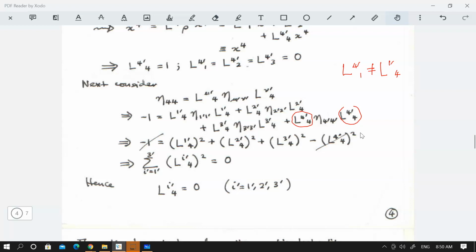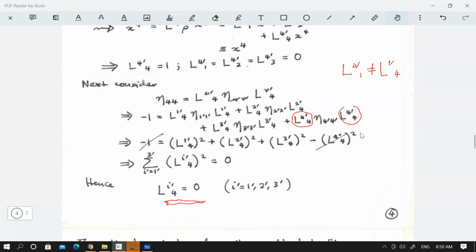And then the same thing here, so you get L2-4 squared, L3-4 squared, and the sum of all this has to be equal to 0. Then you will see that this automatically tells us the sum of some positive numbers equals 0. That means each individual term has to be equal to 0 itself. So in other words, we have actually shown that L1-4 equals 0, just like L4-1 is equal to 0.